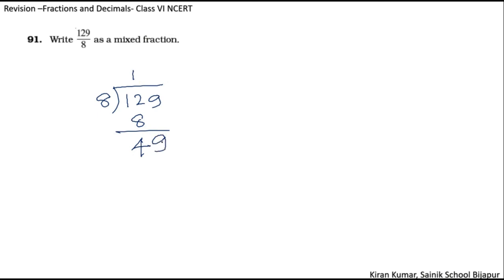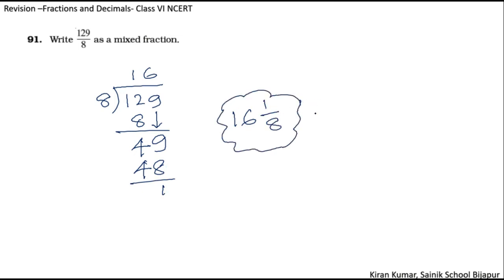So we have to take 9 as a carry forward. 8 6 times is 48. Hence the remainder obtained is 1. So it is written as 16 1 upon 8. So this 16 1 upon 8 is a mixed fraction of the given number 129 upon 8. This is the answer.